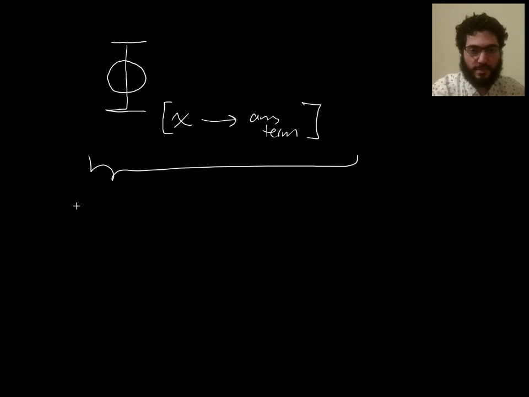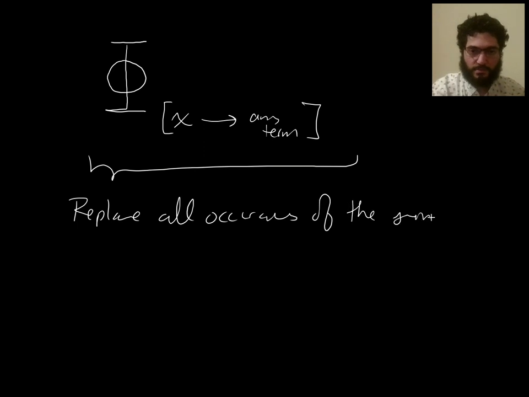So you can interpret this as being basically the instruction, replace all occurrences of the symbol x by whatever term is here. So let me just give you an example.